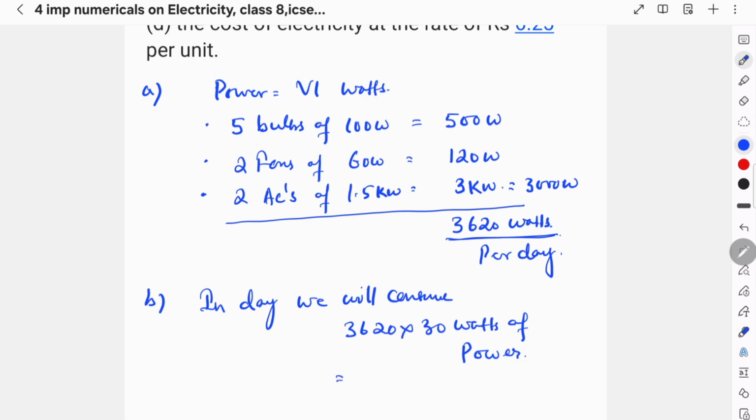So now let's solve this. So it is 108600 watt. So this can be written as 108.6 kilowatt in a month.